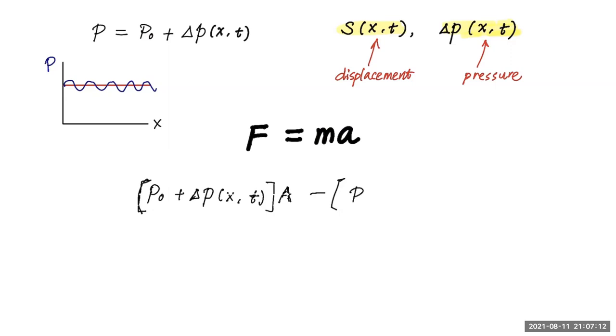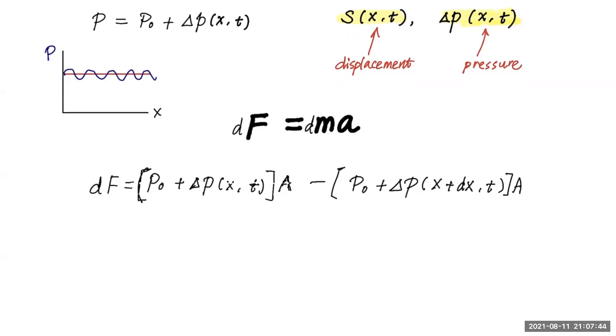The pressure here is P naught plus delta P at the new location of x plus dx, at the same time, since we're looking at one moment, times the same area. That is F, but it is very small, so we call it dF, because the mass is only dm, the tiny mass of this tiny slice.